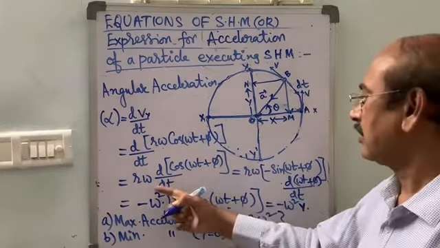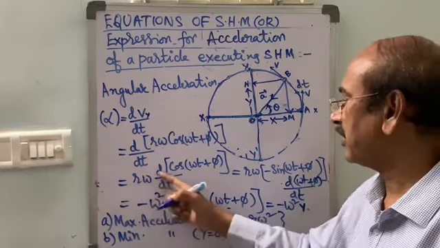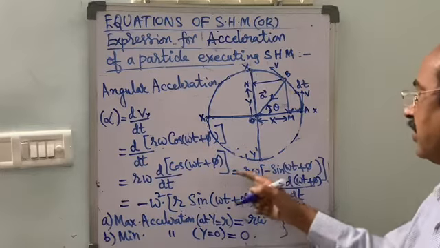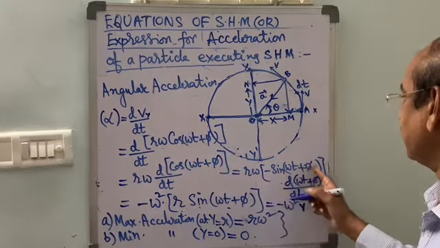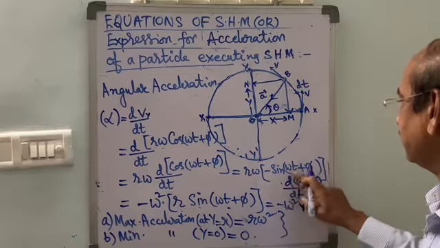Therefore by taking the derivative, r omega is constant, therefore r omega into d by dt of cos omega t plus phi, and this is minus sin omega t plus phi into d by dt of the angle omega t plus phi.